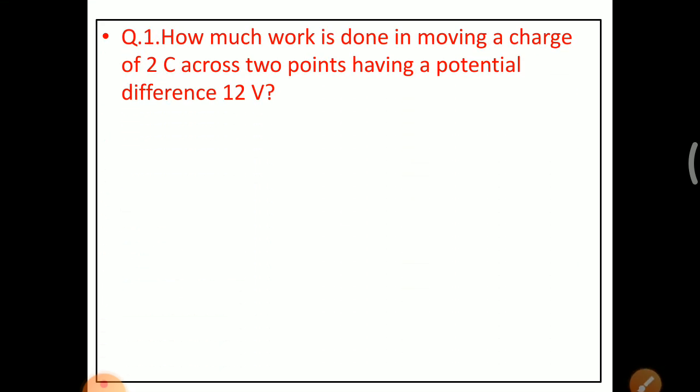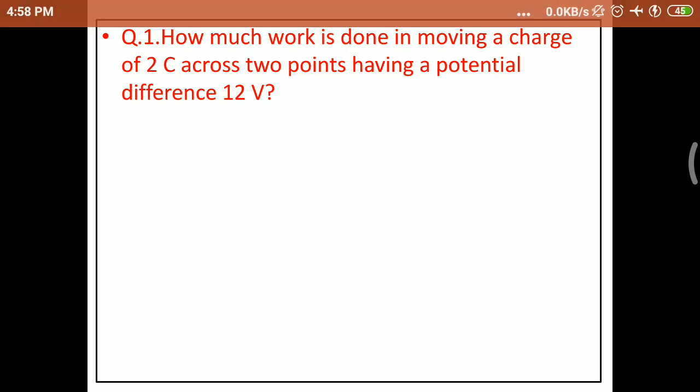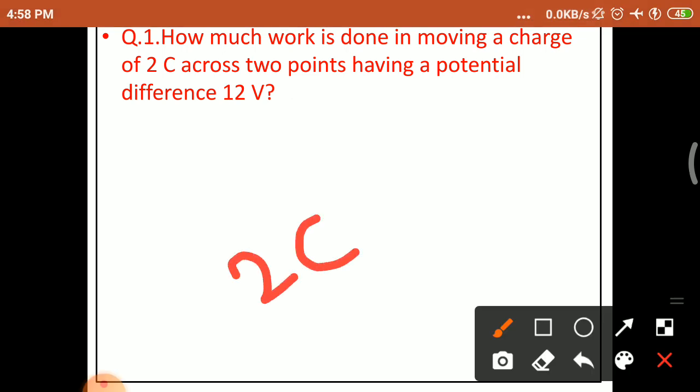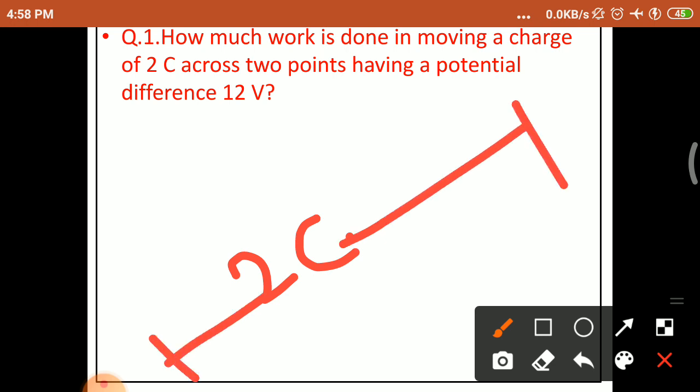The question: how much work is done in moving a charge of 2 coulomb across 2 points having a potential difference of 12 volt? You have to move this 2 coulomb of charge between the two ends of the 2 points having a potential difference of 12 volt.